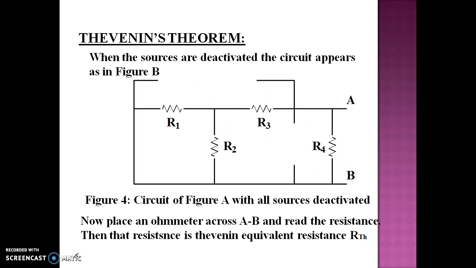Now we will find the equivalent resistance across the terminal AB with the help of an ohm meter, or you can find it by our series parallel method.